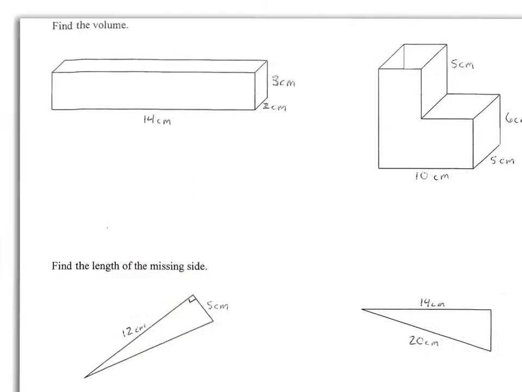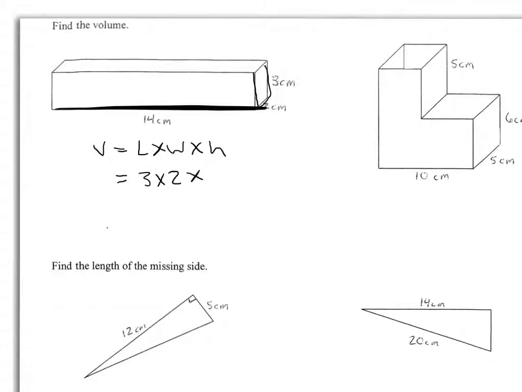Now we've moved on to the volume portion of our work. This is a very simple rectangular prism. The volume of a rectangular prism is equal to length times width times height. That comes from the basic idea of the area of the base, which is length times width, so that's 3 times 2, and we'll call this part, for lack of better terms, the height.